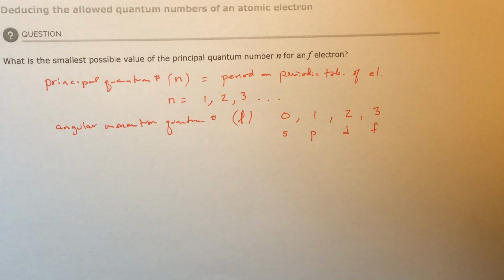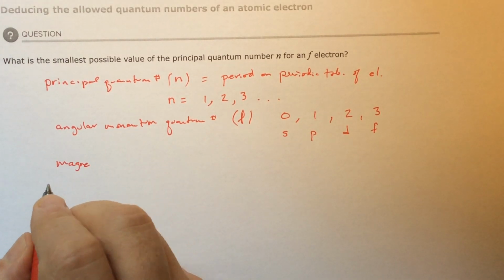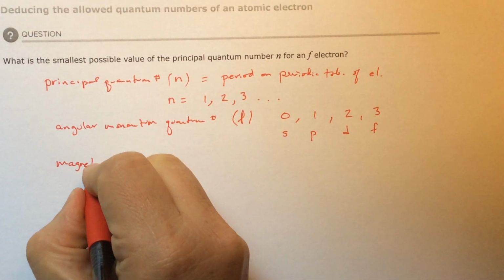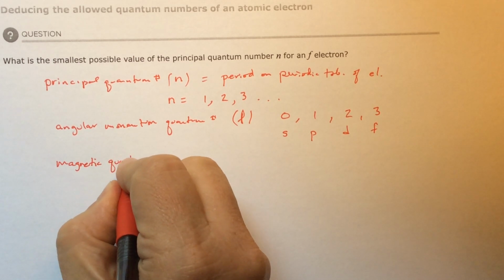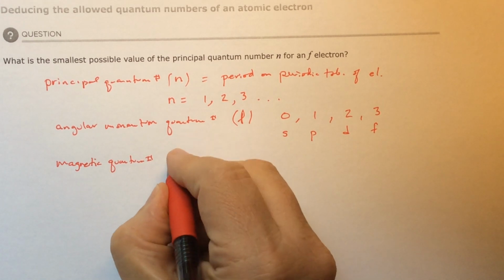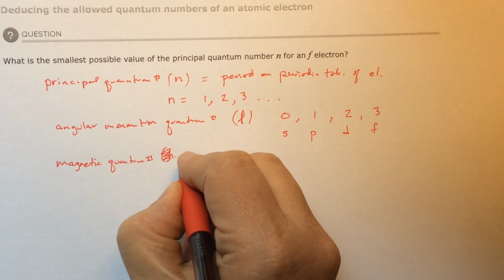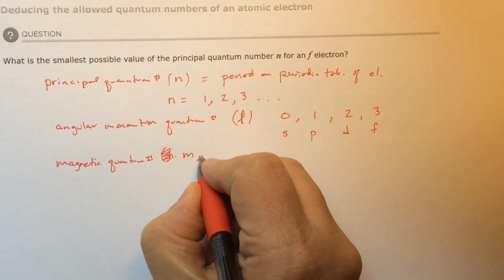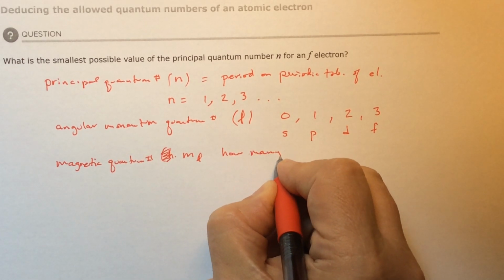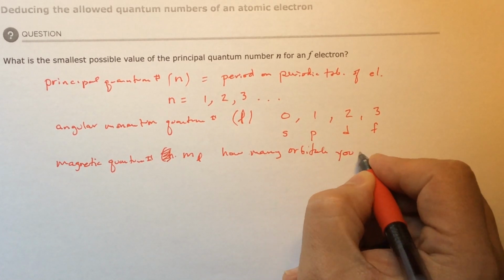Your third one is your magnetic quantum number, which is m sub L, and it tells you how many orbitals you have.